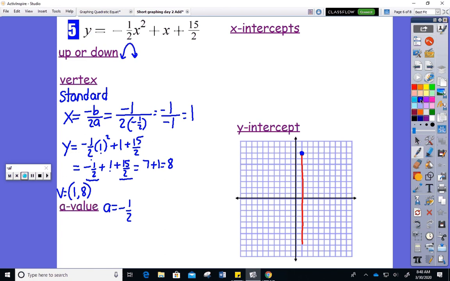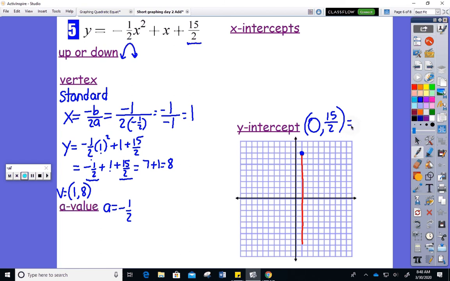Do you all see that the y-intercept is just 0, 15 halves? So you might be able to type the coordinates in to get MyMathLab to do this, because sometimes you can't plot the points, but it'll sometimes let you click on a point and type coordinates in so you can plot it.